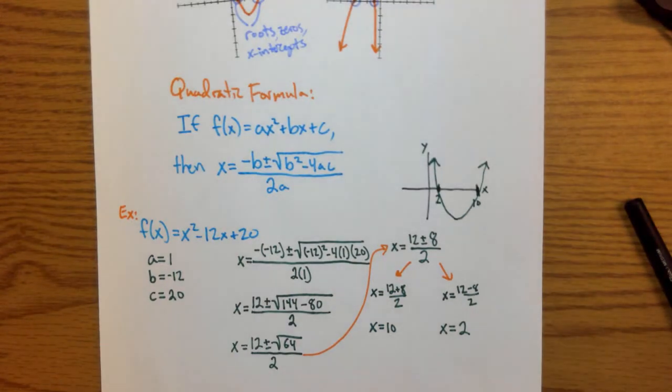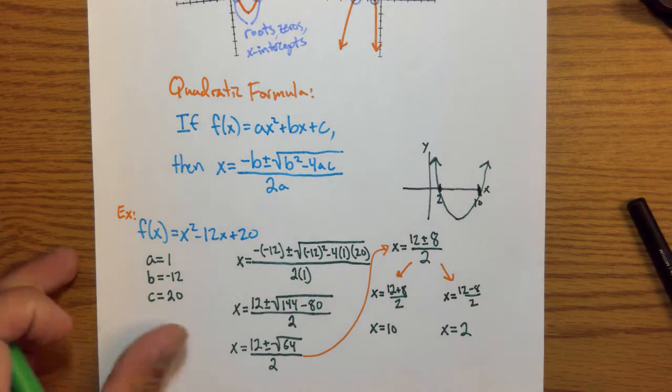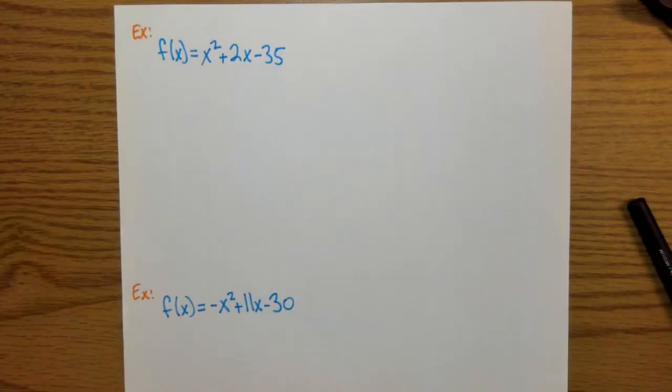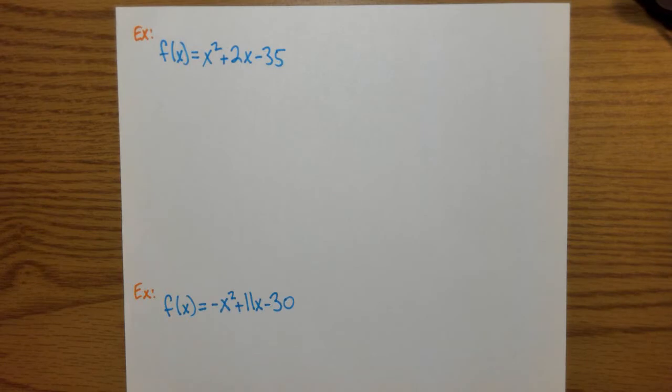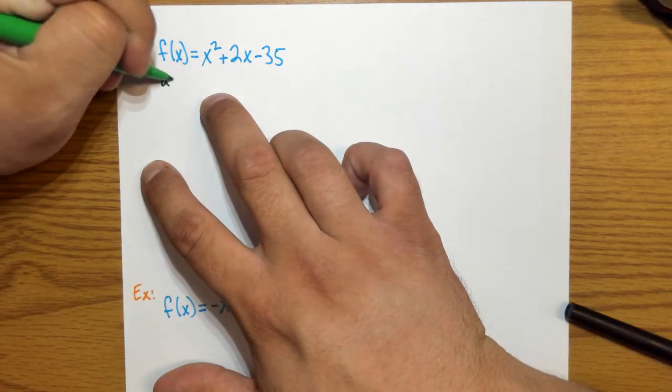Okay, awesome. Let's do a few more examples, and in fact, we're going to do quite a few examples on this, just to kind of get it down. So now we have f of x equals x squared plus 2x minus 35. Again, let's first start by defining our a, b, and c.